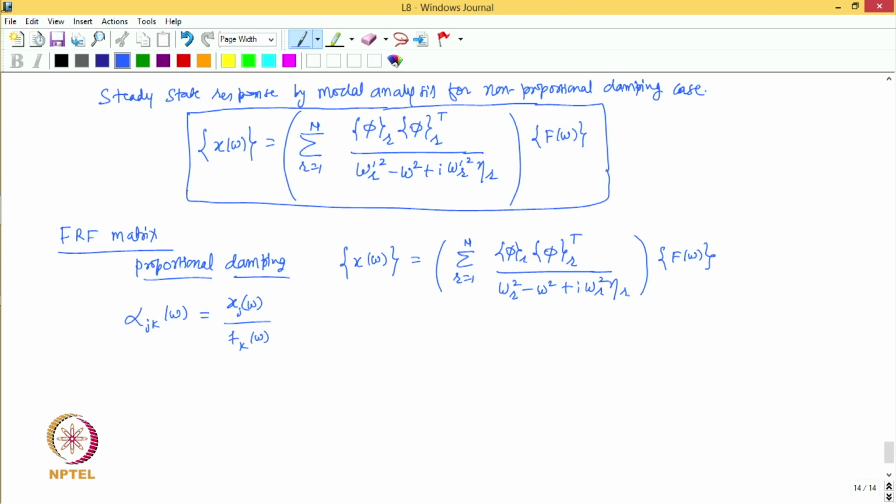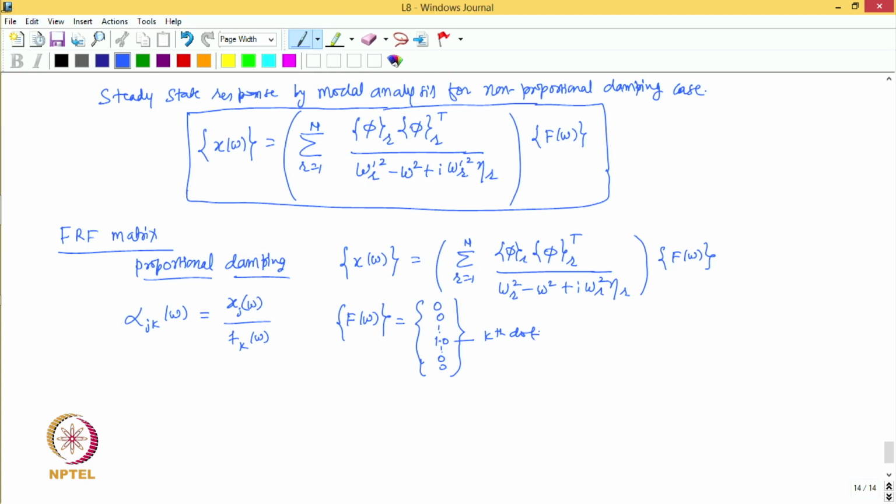We can achieve this by applying a unit harmonic force at the kth degree of freedom with no force at the other degrees of freedom.